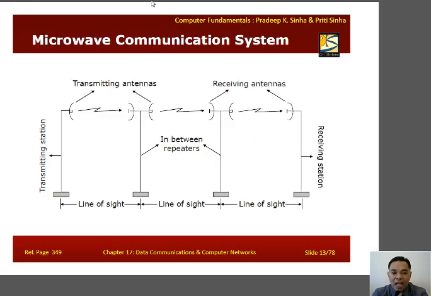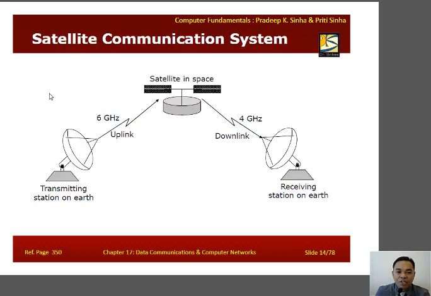This is the diagram of how a microwave communication system works. It will have transmitting antennas and receiving antennas, and data will be transmitted from point to point. This is what we call point to point, one point to the other point. And this is also a satellite communication system.